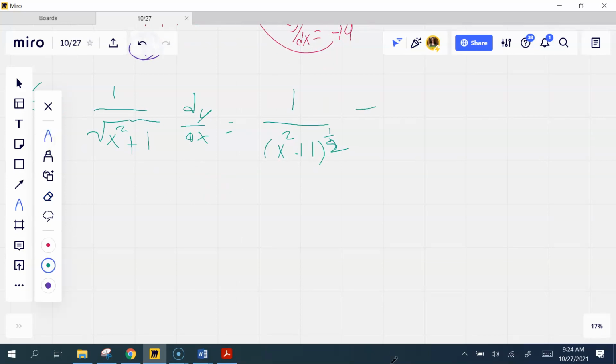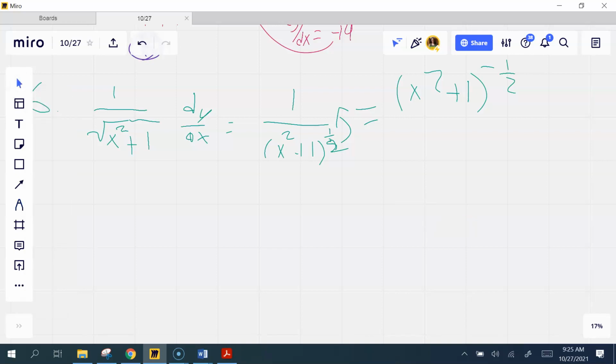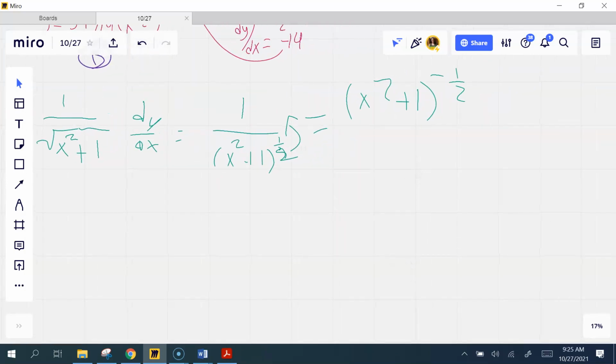So look, we're going to move this to the top. Hello, order in the classroom. Squared plus 1 to the negative 1/2. Are we all there? So then we're just going to change this power instead of a fraction, moving it to the top makes it the square root to the negative 1/2.